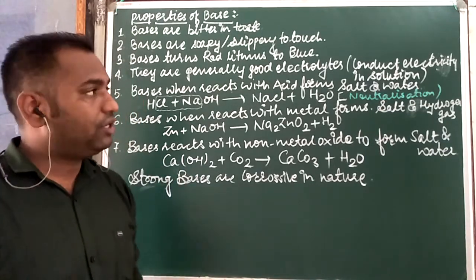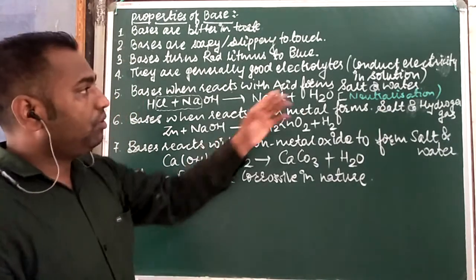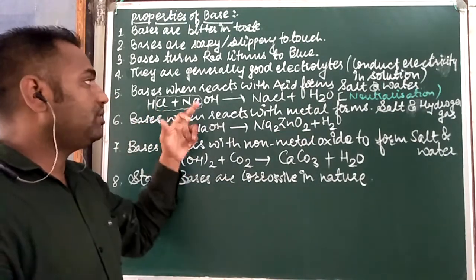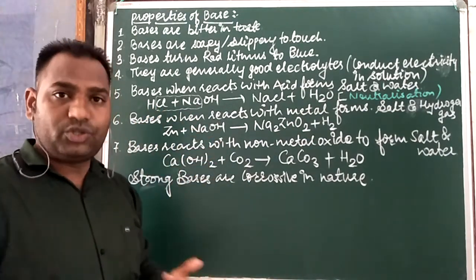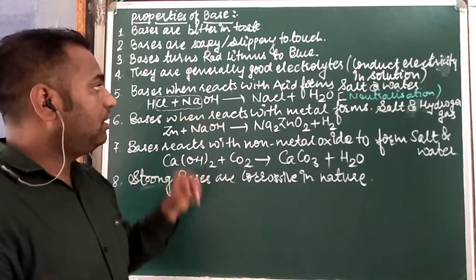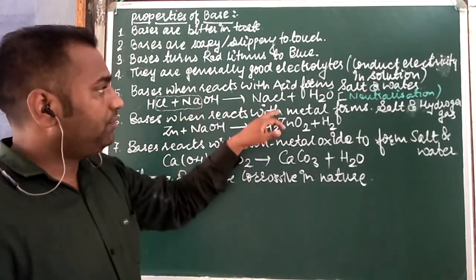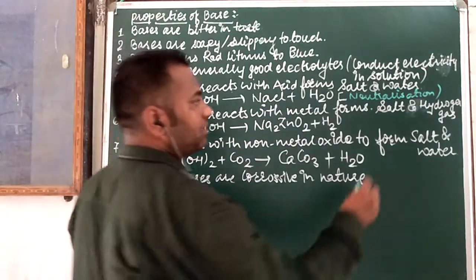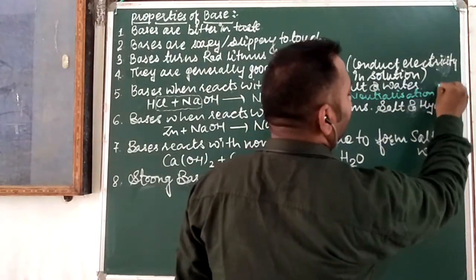HCl is the acid, NaOH is the base. NaOH means sodium hydroxide, the general name is caustic soda. NaCl is the salt and H2O is water.